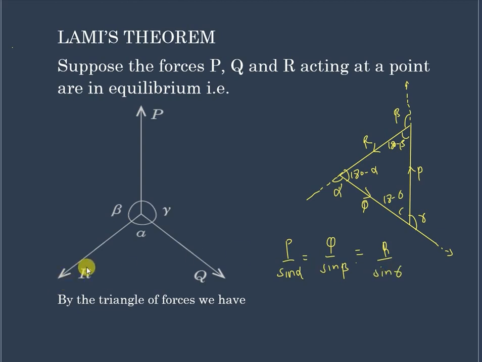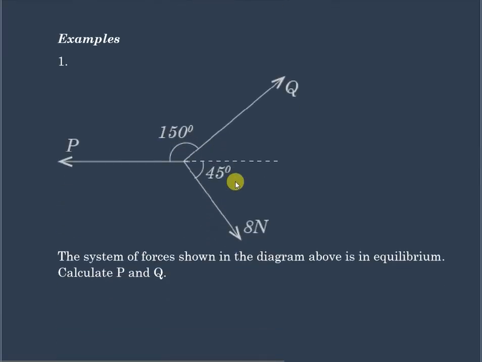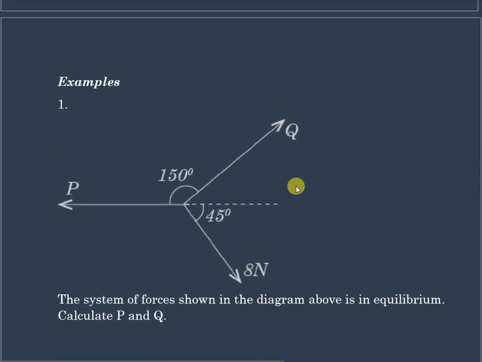So just have this one, then the angle opposite. So you have R and its angle there, P over sine of this angle, Q over sine of that angle. That is Lami's theorem.